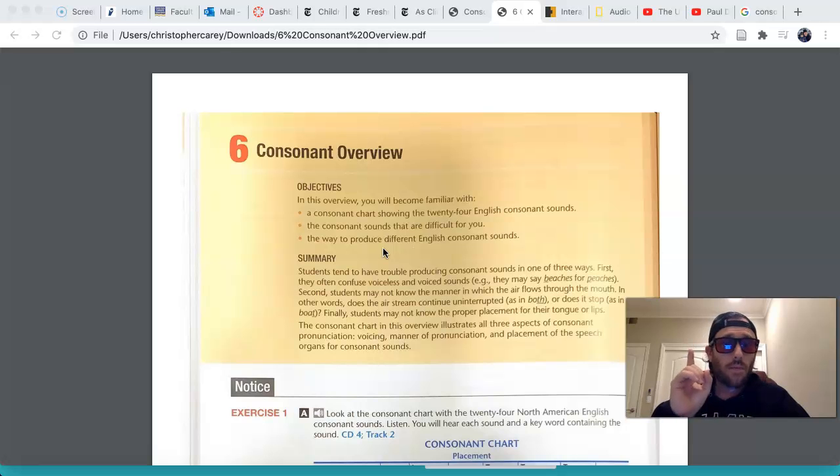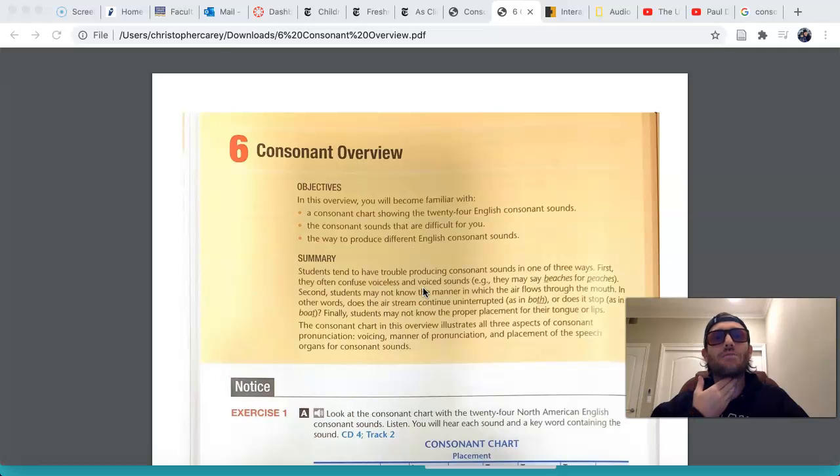The first one that we're going to look at in this chapter is that students tend to confuse voiceless and voiced consonant sounds. You may remember this from last class that we talked about voiced versus voiceless. Voiced meaning that there's vibration in the anatomy of how we produce sounds in all languages.